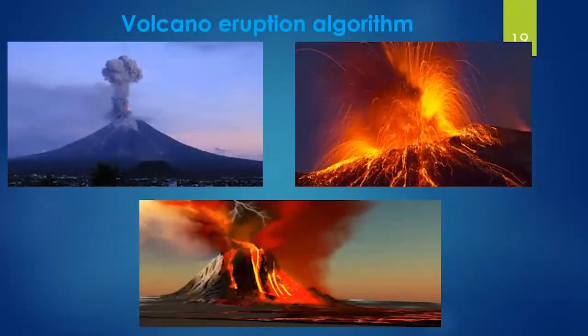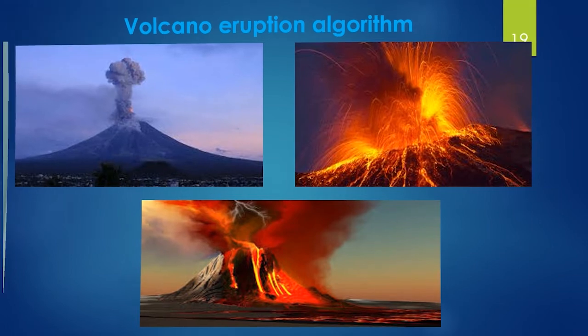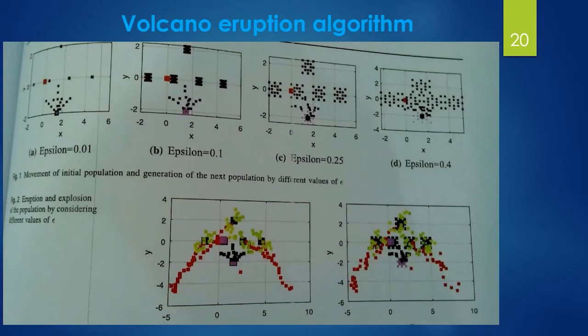The next algorithm is volcano eruption algorithm, which has been inspired by and simulates the behavior of a volcano, a phenomenon that comes from the ground to the earth's surface.